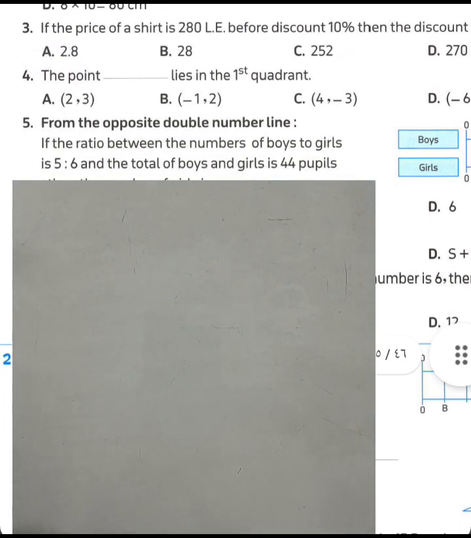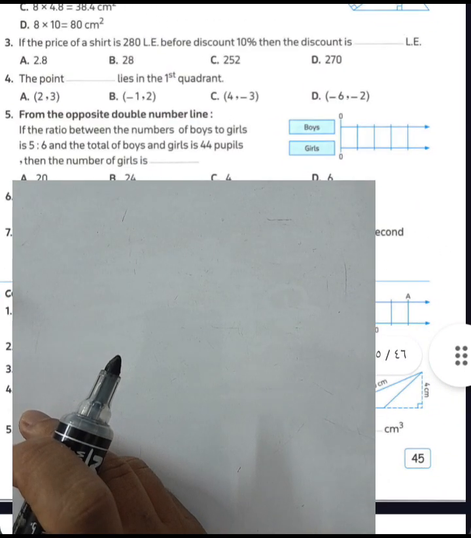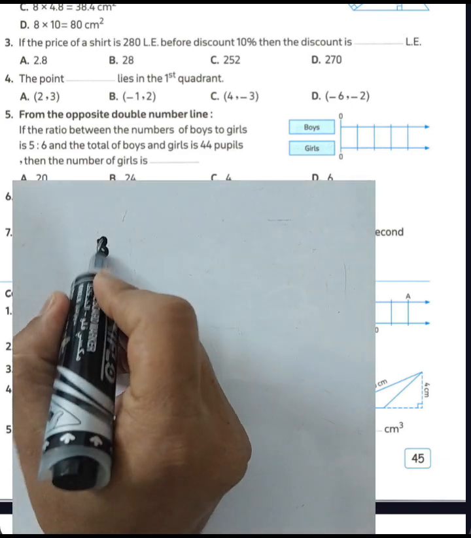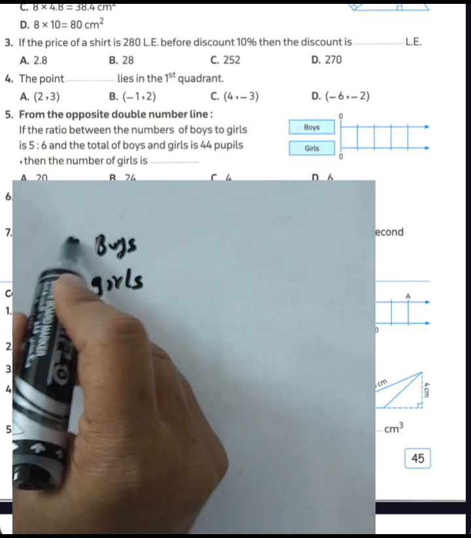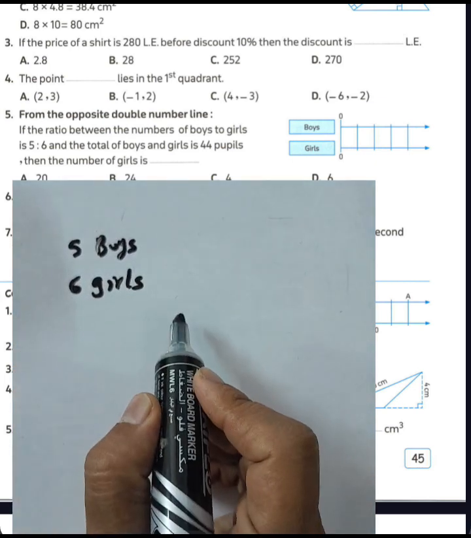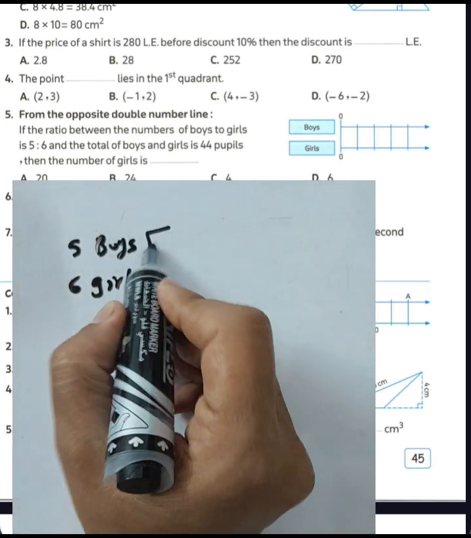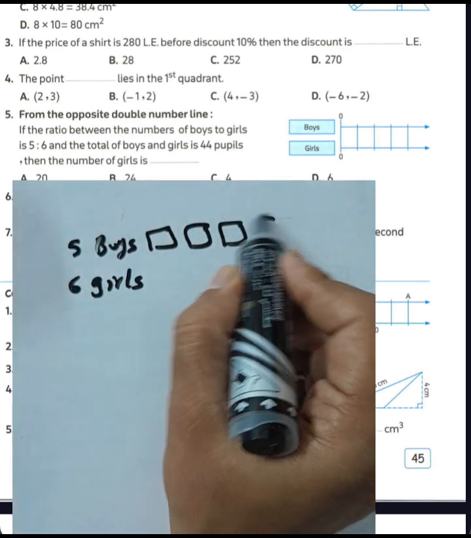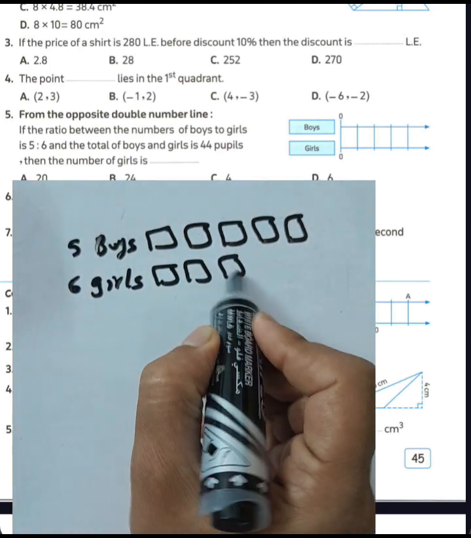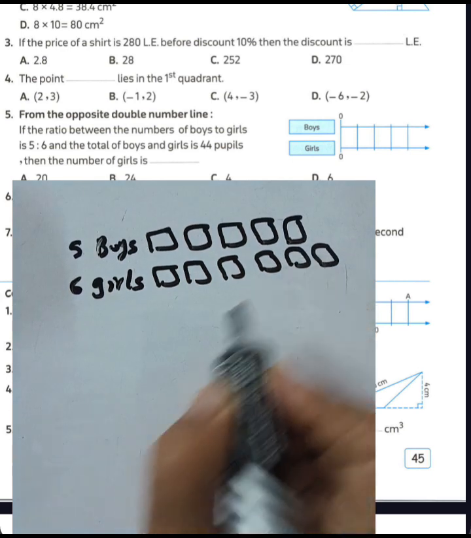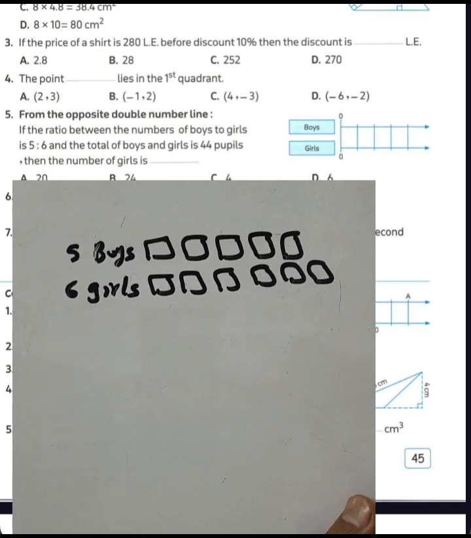Next question, from the double number line. If the ratio between the number of boys and the number of girls is 5 to 6, and the total of the boys and girls is 44 pupils. We have 5 boxes for boys, 1 2 3 4 5, and for girls 1 2 3 4 5 and 6, and they give us the sum of boys and girls, total 44.